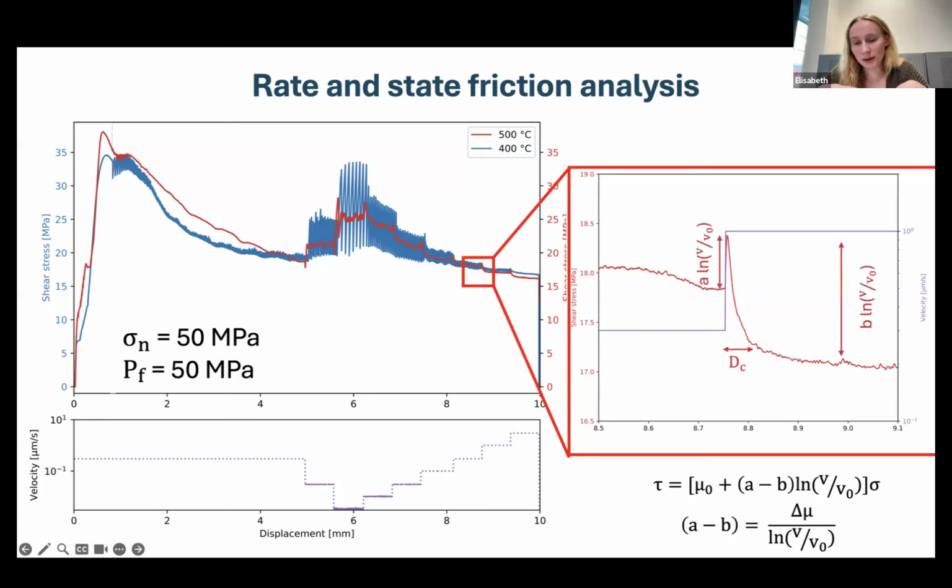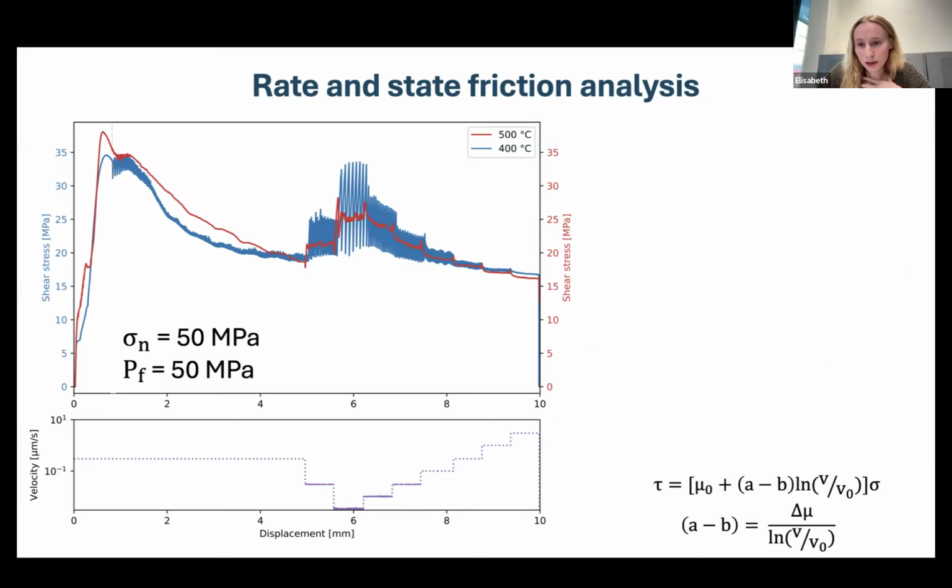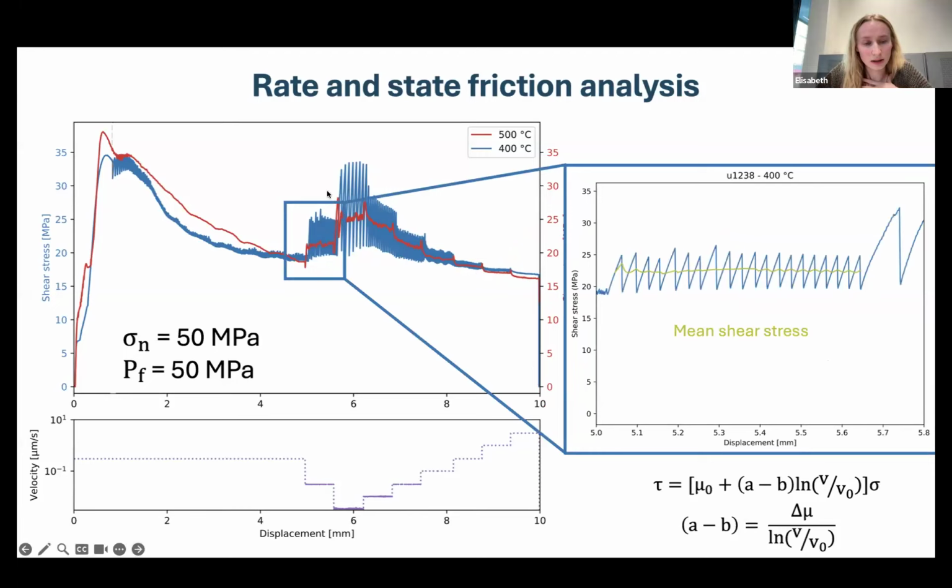After a sudden change in velocity and after a characteristic slip distance marked as Dc, the friction evolves to a new steady state. But if we now look at the data at 400 degrees, with the stick slips, I calculated the mean shear stress with a moving window average, and then obtained the a minus b value with the same procedure.